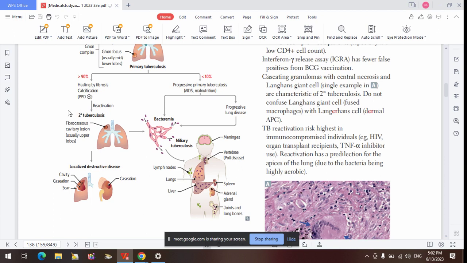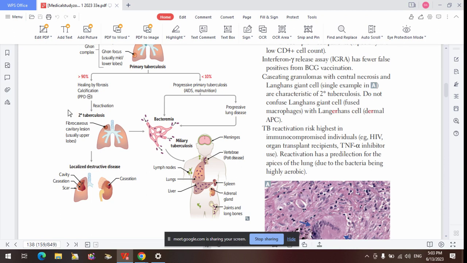So you have the granulomas forming with a caseous necrosis, but the bacterium within those granulomas is actively proliferating and destroying the lung parenchyma, forming necrotic areas, which coalesce together to form cavities.